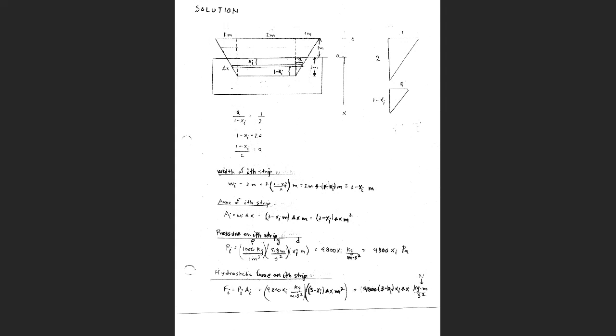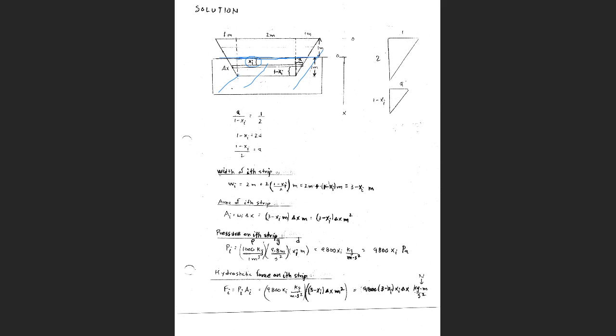I think you went over it already, but how did you get the limits from 0 to 1? The limits, because x sub i is defined as the distance from the water line. Here's the water line, right? Because this is full of water.